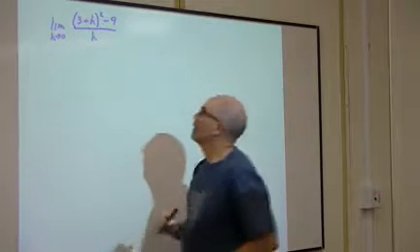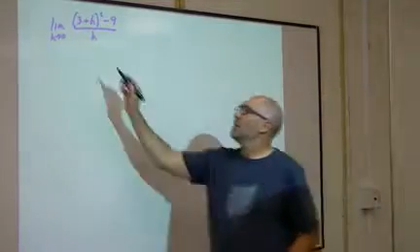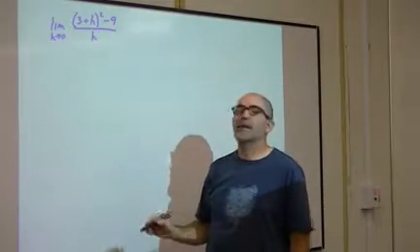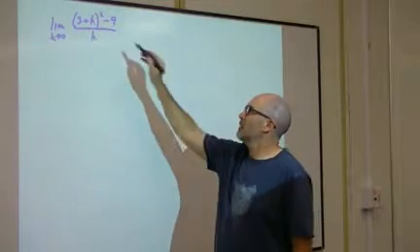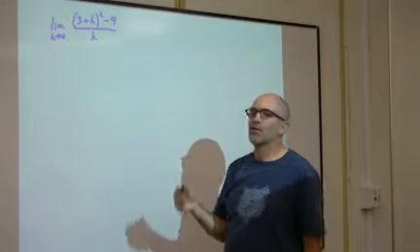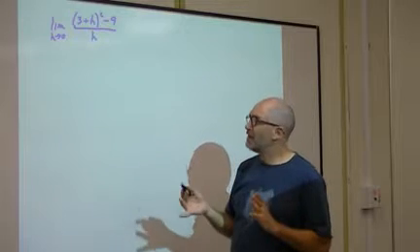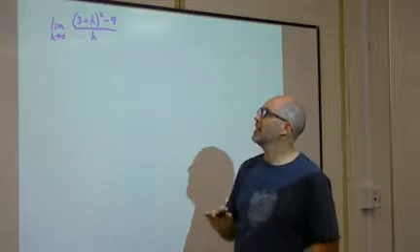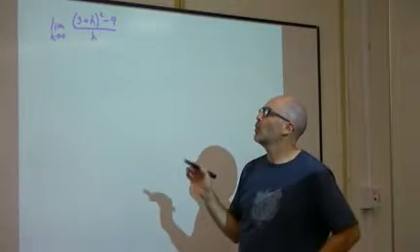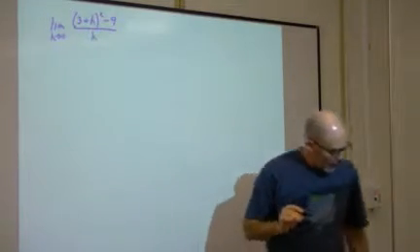Alright, so what are we supposed to do here? Plug in 0 for h and see what happens. So I get 3 squared minus 9 is 0 over 0. Remember, that's undefined, but it's a clue that we can fix this and find out exactly what that limit value is.